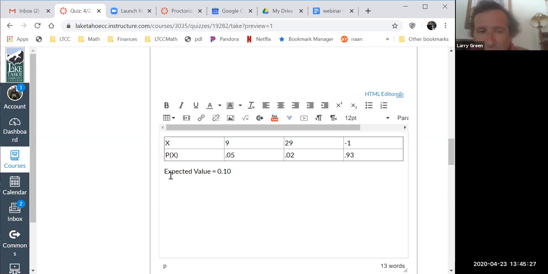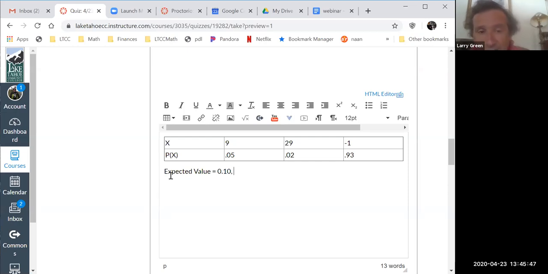Why do I want to write 0.10 instead of 0.1? Yeah, this is money. And money should never be done in tenths. It should be done in hundredths or whole dollars. And clearly whole dollars is silly here. So now we're talking about 0.10 because it's 10 cents.